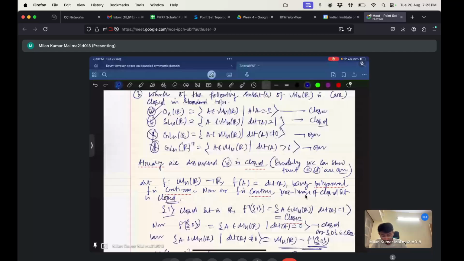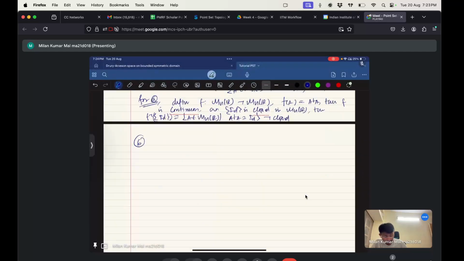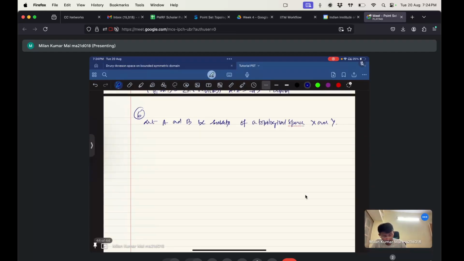Now come to question 6. Let A and B be subsets of topological spaces X and Y. Here X and Y are two different topological spaces and A and B are two subsets. Choose the correct option or options.